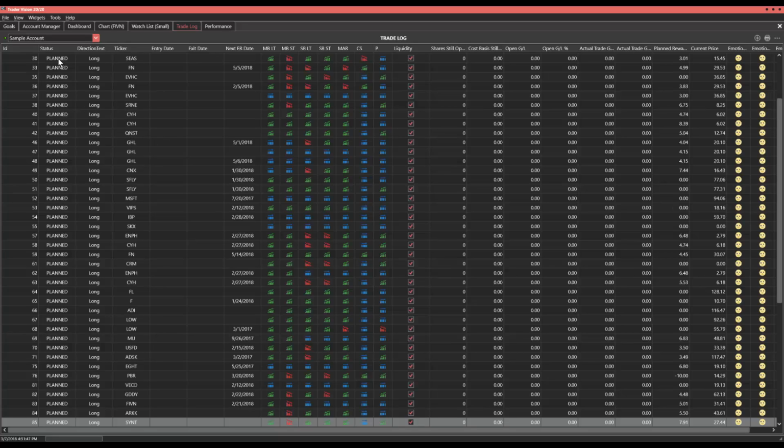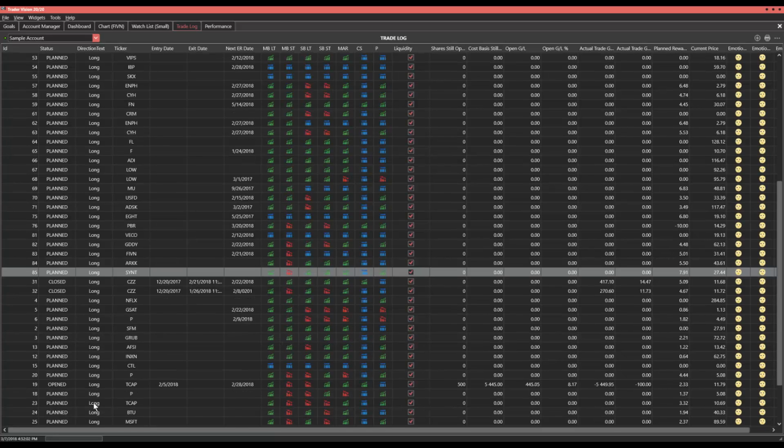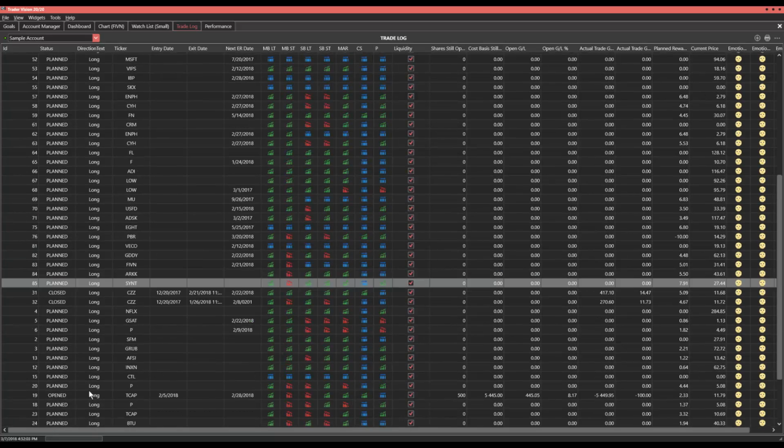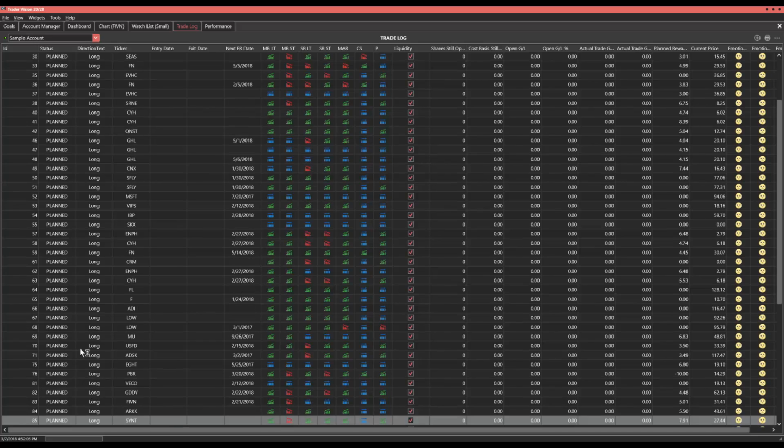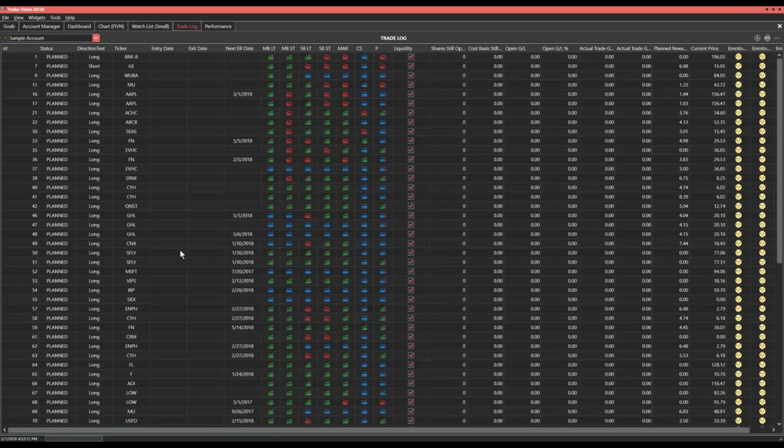But even in my normal account, that's typically how I use it. I have more planned trades than I have open trades, far more, and more than closed trades, for that matter. That's just the way it is. I plan a bunch of trades, and I only take the ones that come to me. That's my trading approach. Very straightforward.